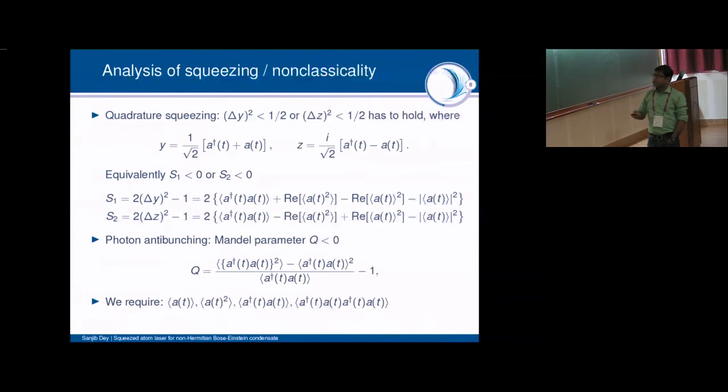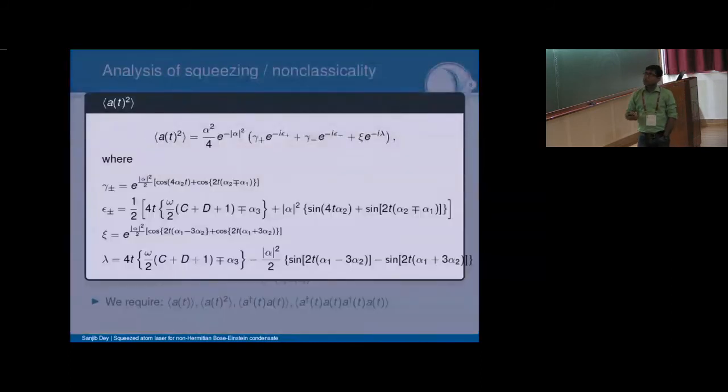We can calculate those things if we know these commutators. Similarly, for photon anti-bunching, we have to calculate the Mandel parameter, and so basically we require these four things to compute, which is slightly complicated, but it is possible to do numerically. I have just shown one of the examples, but all the other terms have been constructed.